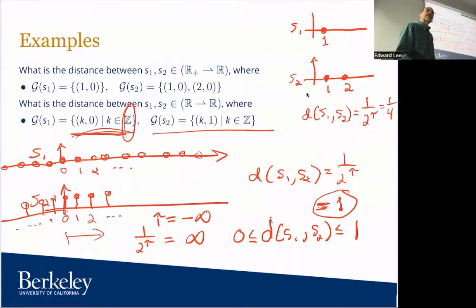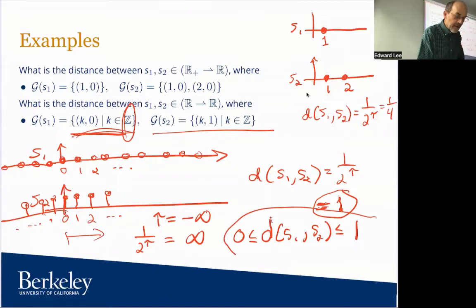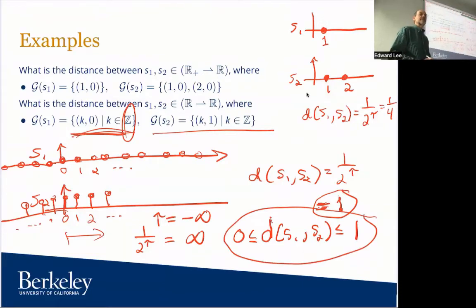So that's a slightly bizarre interpretation, but fortunately in the context of Lingua Franca, we don't have to worry about that because every Lingua Franca program has a starting time, right? It may not have an ending time, but it always has a starting time. And consequently, we can always restrict ourselves to distances between 0 and 1. Okay.